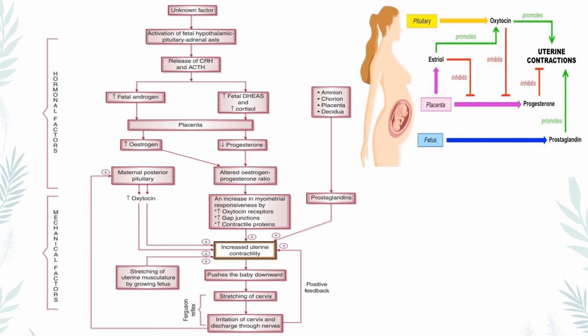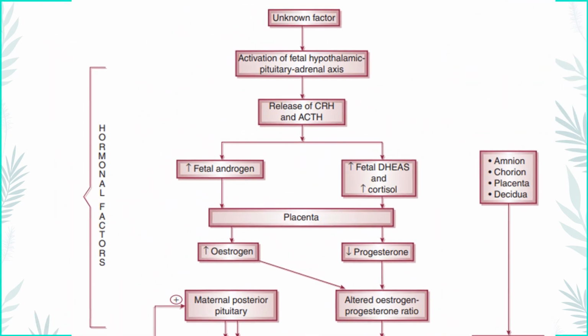Let us discuss the mechanisms which are responsible for the onset of labor. The control of parturition includes the role of hormonal and mechanical factors. Hormonal factors: the hormonal changes that initiate the parturition and cause increased excitability of the uterine musculature.